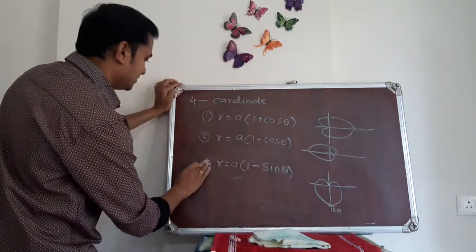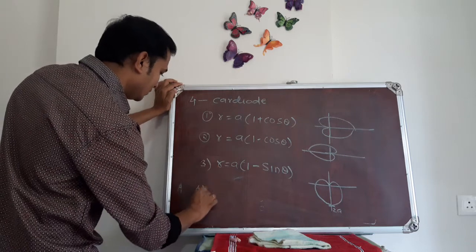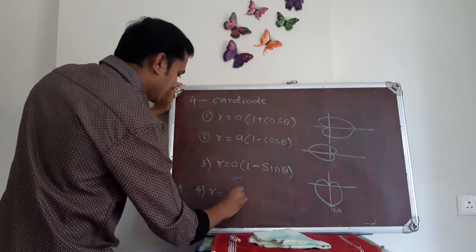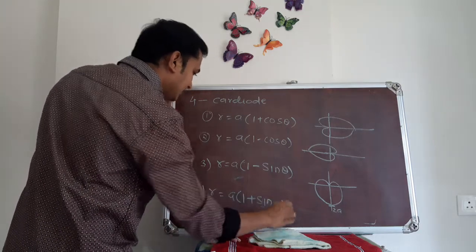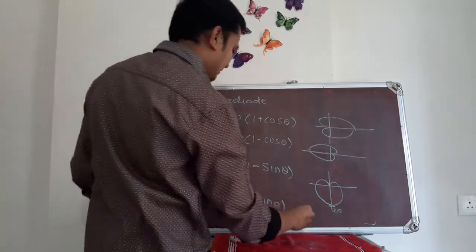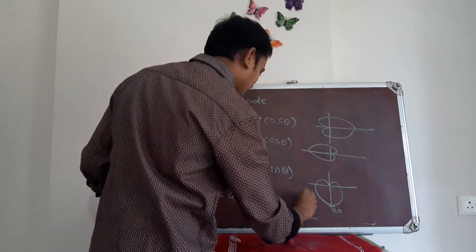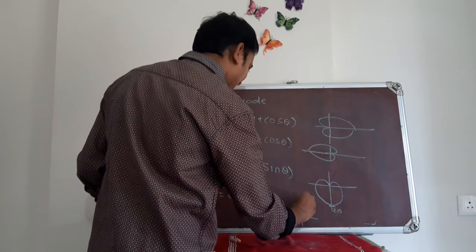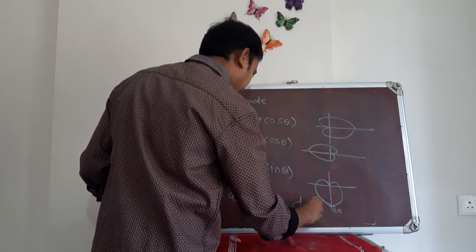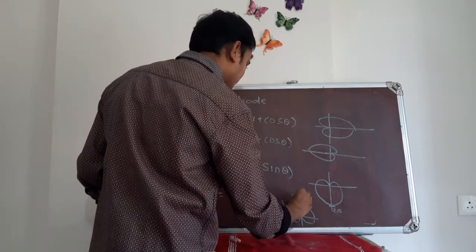Okay, and this is the third. Fourth one, r is equal to a into 1 plus sin theta. This is the fourth cardioid, and how does it look? Something like this. Okay, this is 2a.